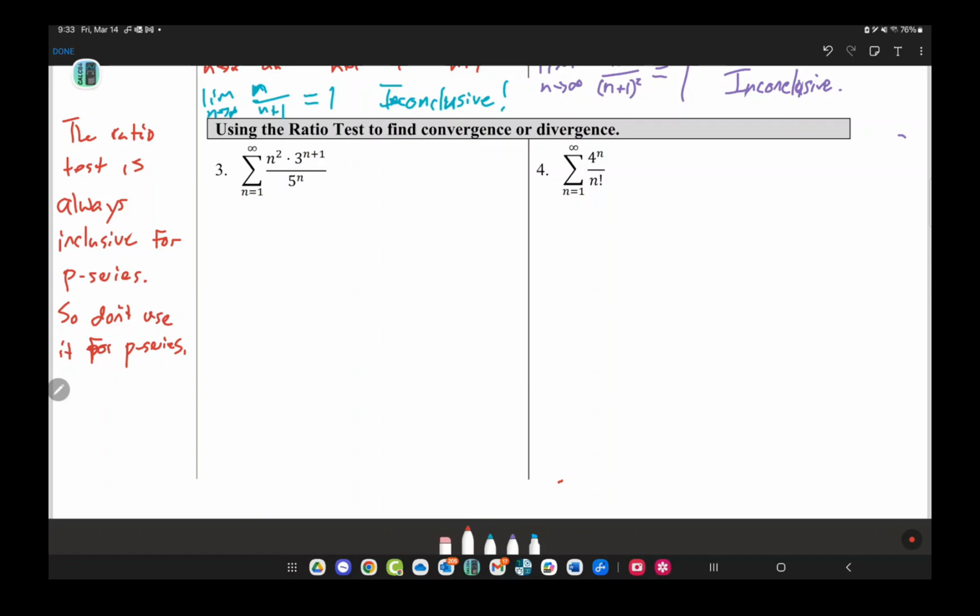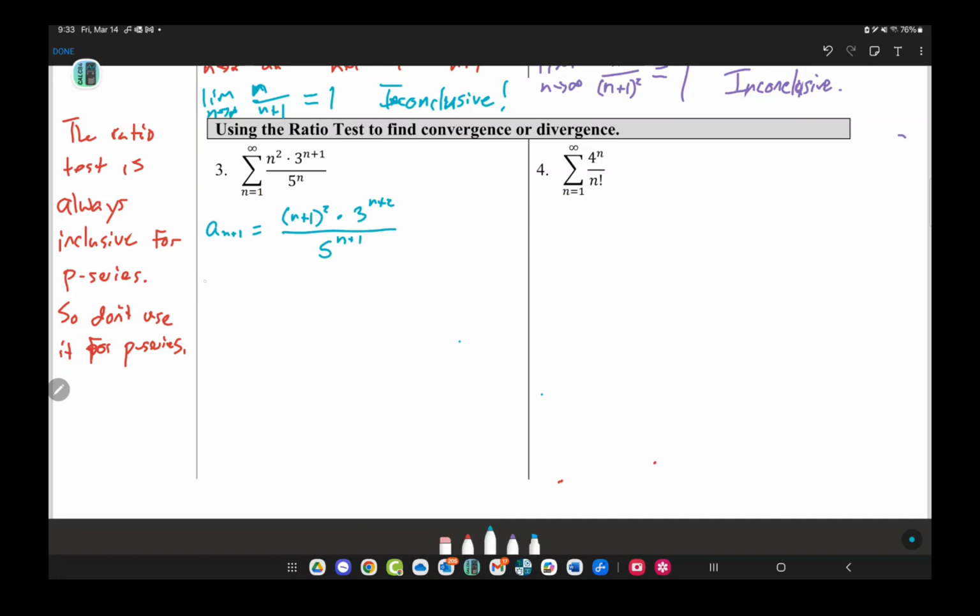All right. So we do the ratio test. We know what a of n is. What is a of n plus 1? So we took every n and wrote n plus 1. We would have (n plus 1) squared times 3 to the n plus 2, over 5 to the n plus 1.